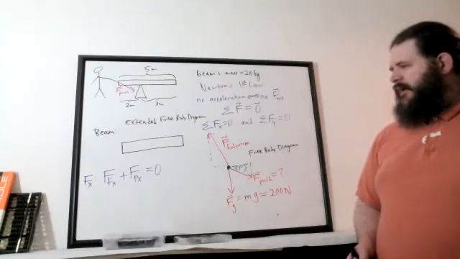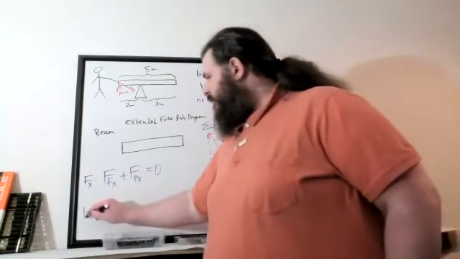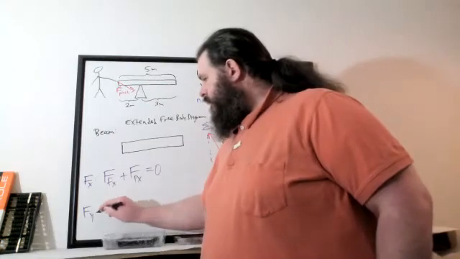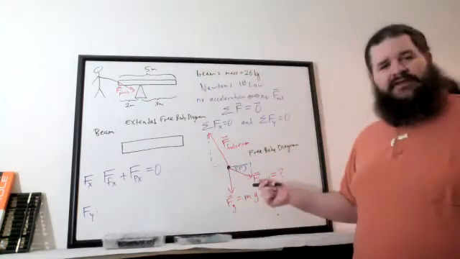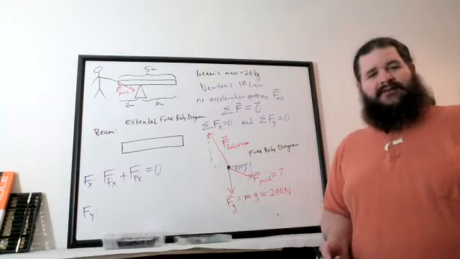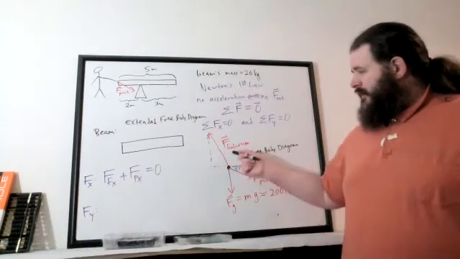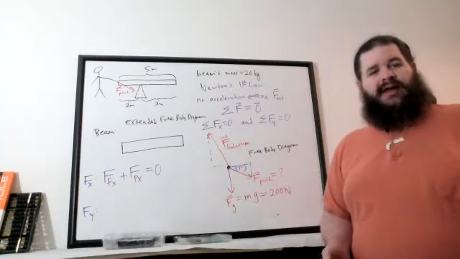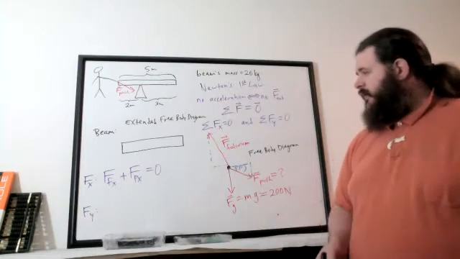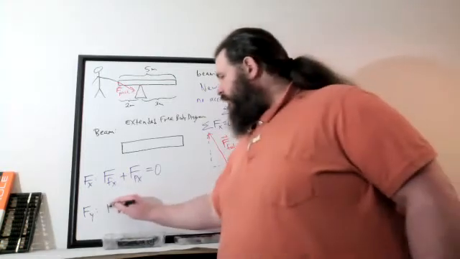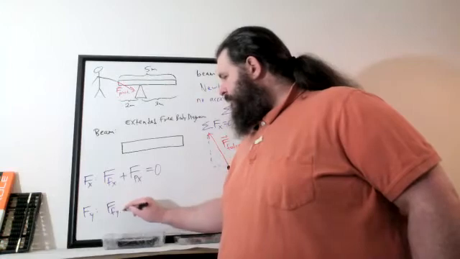And then also in the y direction, it looks like everything here has a y component, or at least could have a y component. We don't really know anything about the force of the fulcrum, but it at least could have a y component, so we should include that. So we've got this unknown force of the fulcrum in the y direction.